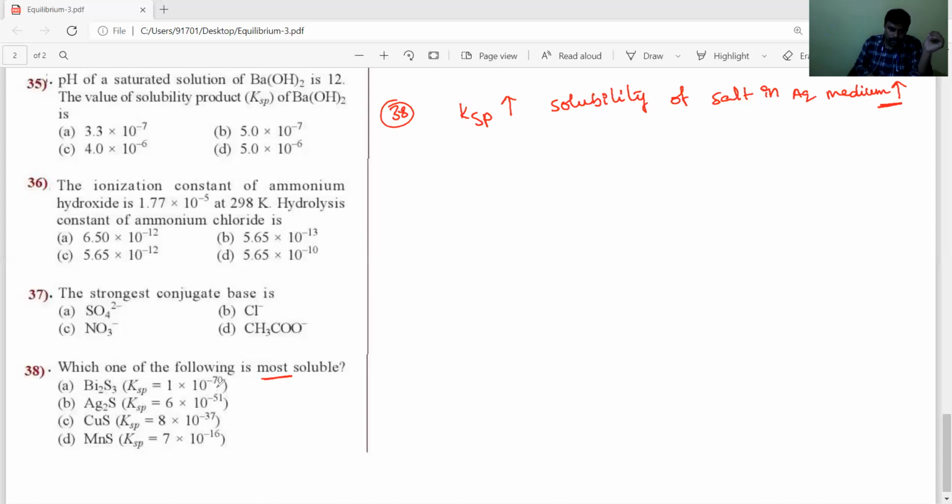If you observe, 10 to the power of minus 70, 10 to the power of minus 51, 10 to the power of minus 37, 10 to the power of minus 16 are there. As the negative power increases, the resultant value decreases. So the lowest negative power has the highest value. So the answer is D, because it has the higher Ksp value. So MnS has the higher Ksp value, hence its solubility is more.